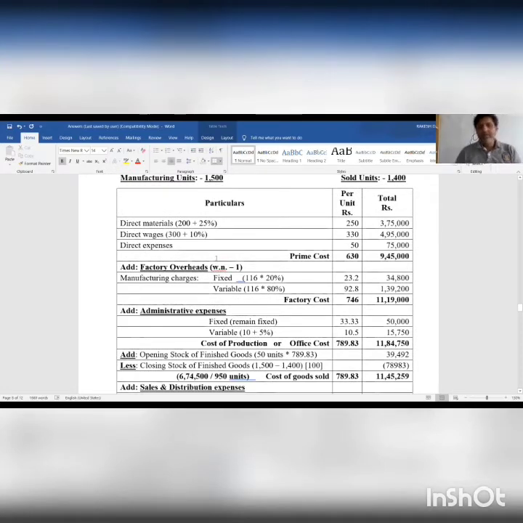I repeat: if there is any increase or decrease in variable nature expense, it is always calculated on unit wise amount. In the same way, if there is any change in fixed nature expense, it is always calculated on the total amount.